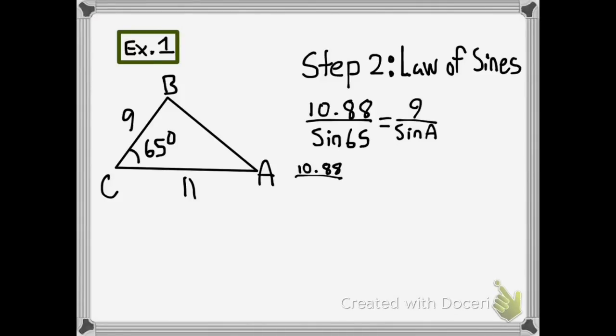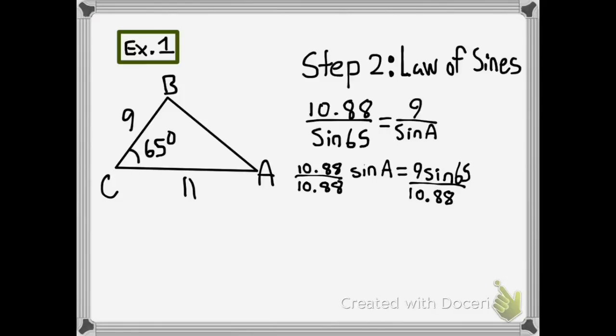10.88 over 10.88 sine A, which should equal 9 sine 65 over 10.88.